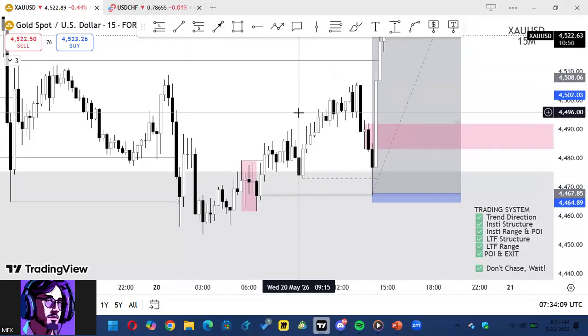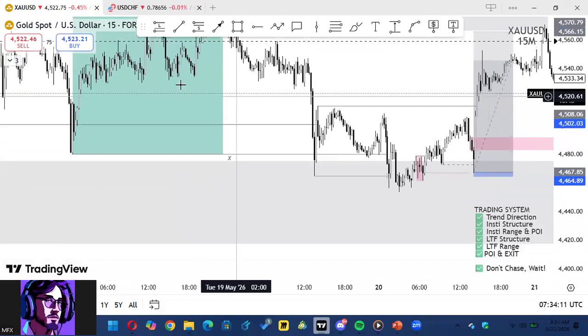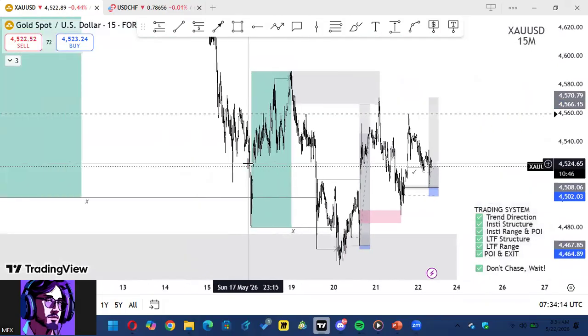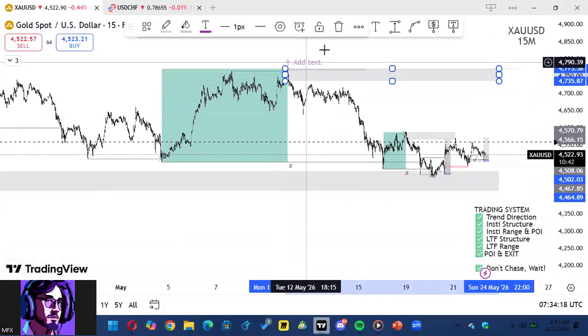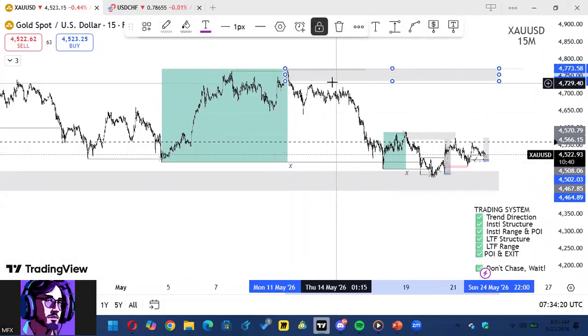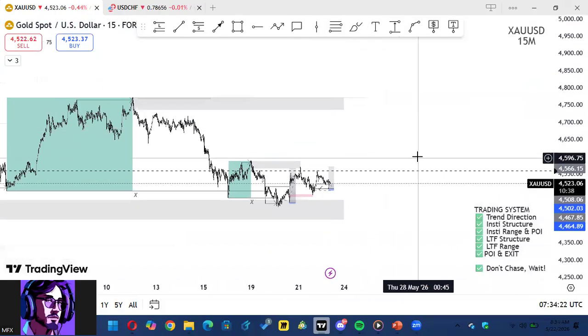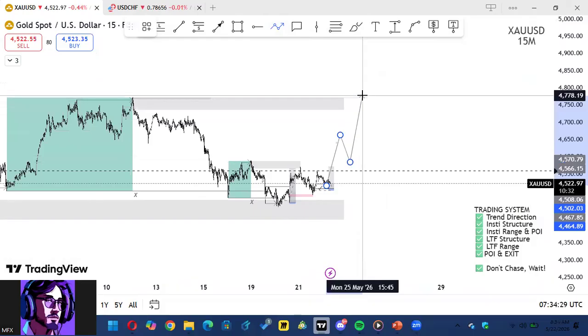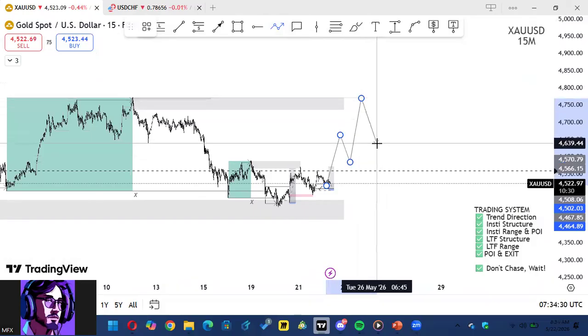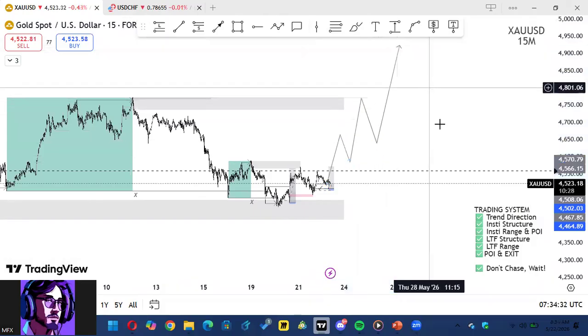I wasn't concerned about the higher picture, which is this. And even currently, I'm not concerned about this. I feel price seeks to mitigate this institutional POI and maybe continue higher.